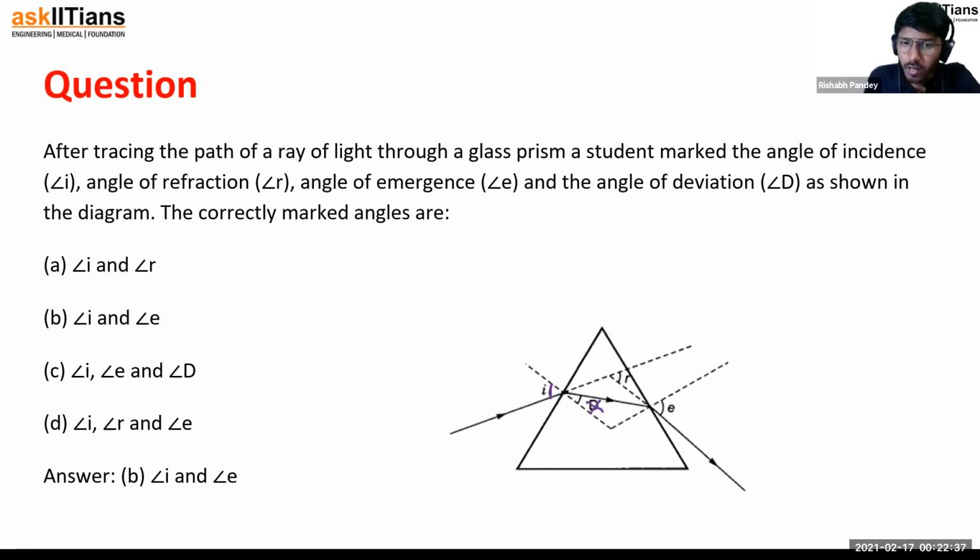The angle of deviation is wrong. Then this is the angle of emergence. Yes, the angle of emergence is true. But r, is this the angle of refraction? No. Basically what he has done is he has interchanged d and r. So that means d and r are wrong, i and e are correct. As you can see, i and e is the correct option.